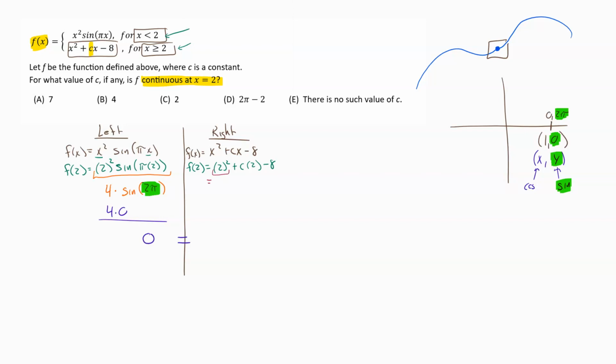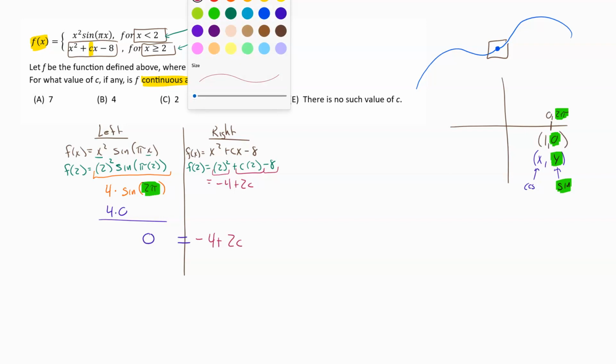Simplifying this down, 2 squared there would be 4. 4 minus 8 gives me negative 4. And then this is plus 2c. So now I want to know, when does 0 equal negative 4 plus 2c? That's the algebra problem I need to solve to get to the final answer.